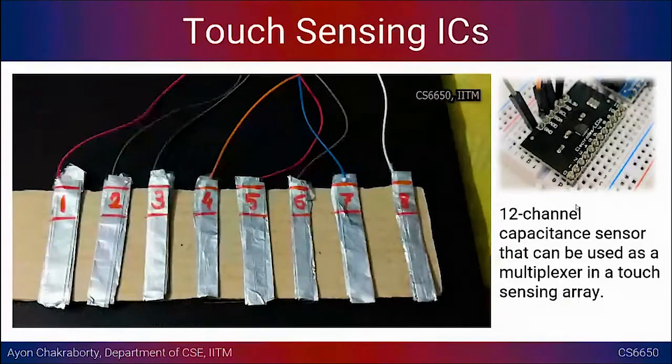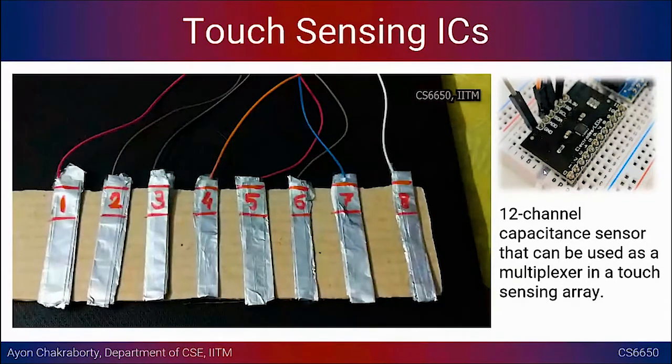This is an example that I showed you in the very first class, where I was trying to interact with this set of switches. These are all aluminum foils, no other thing is present, and these are all serving as electrodes connected to a touch sensing IC. Touch sensing ICs are available which have ready-made touch sensing capabilities.